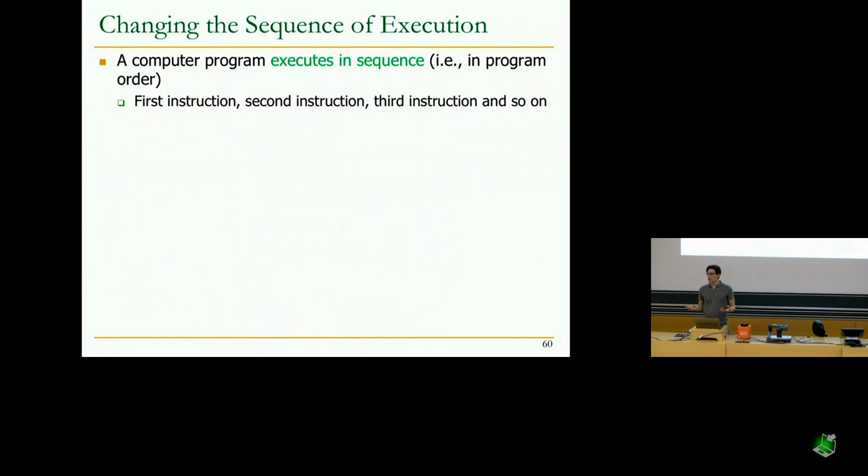So if we always do it this way, we can only execute programs in a sequential manner, in program order. So at some point, we might need to change the sequence of execution.